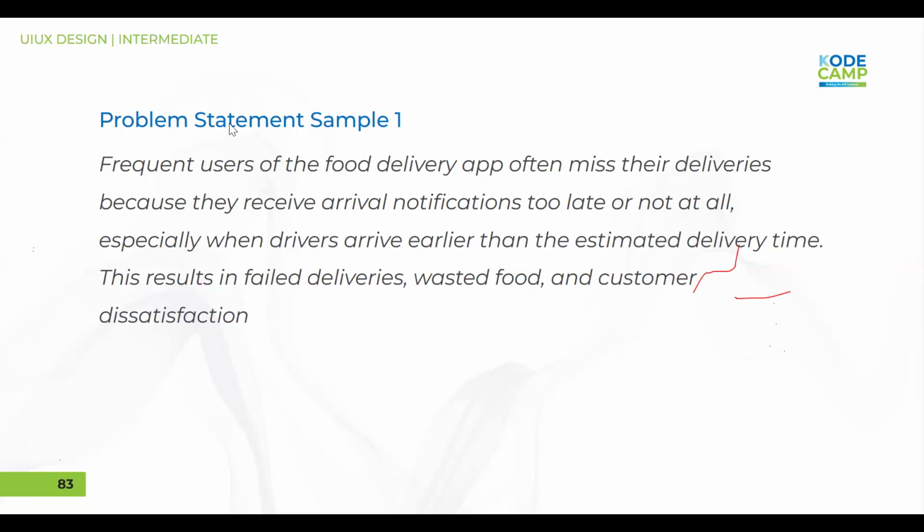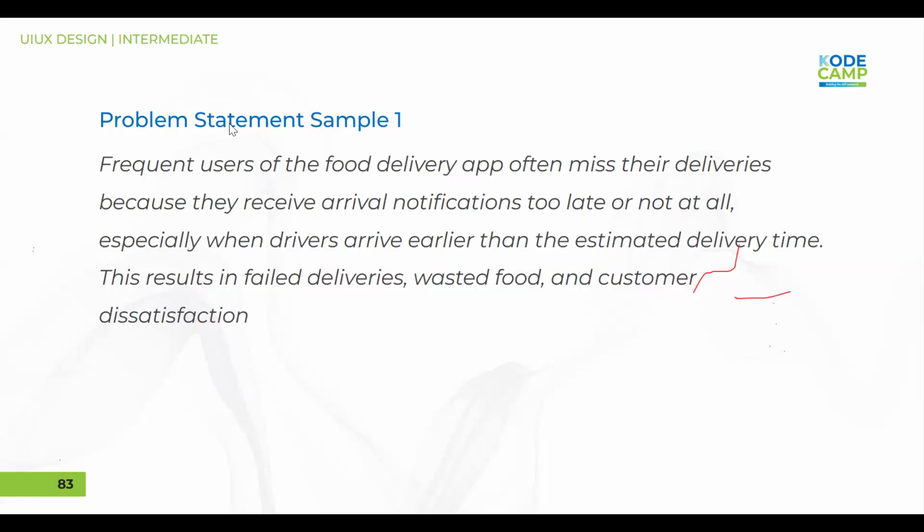So let's look at this. I said frequent users of the food delivery app often miss their delivery because they receive arrival notifications too late or not at all. The notifications do not come, especially when drivers arrive earlier than the estimated delivery time. So this results in failed deliveries, wasted food, and customer dissatisfaction.